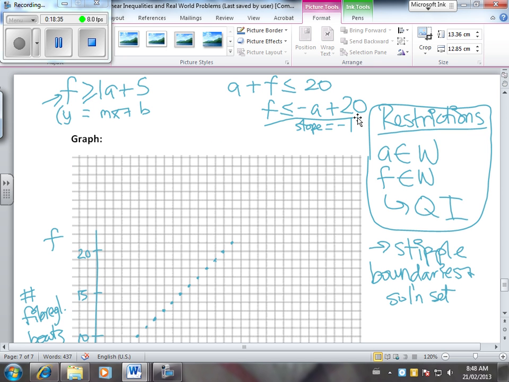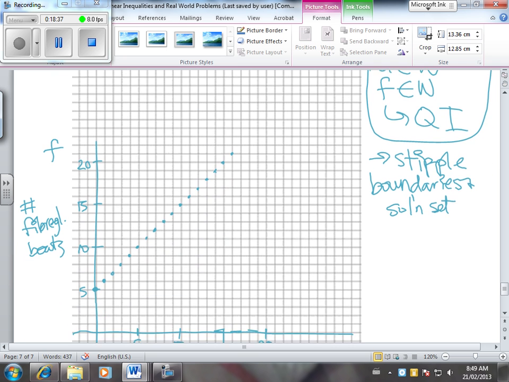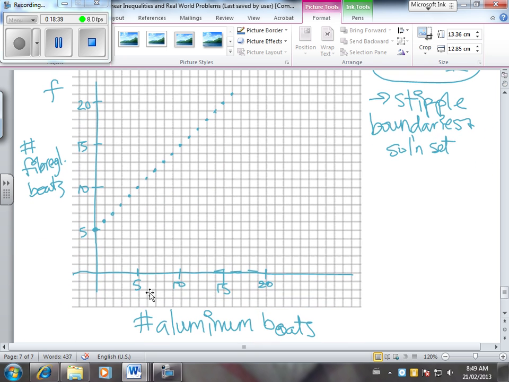And since it's less than or equal to and greater than or equal to, I've put solid dots, not open dots, because of the inequality we were given. So we'll start at 20, that's our y-intercept, and we'll go down a slope of 1. Okay, so I'll keep going down. And then we look to see where it overlaps, and it's this triangle part here.